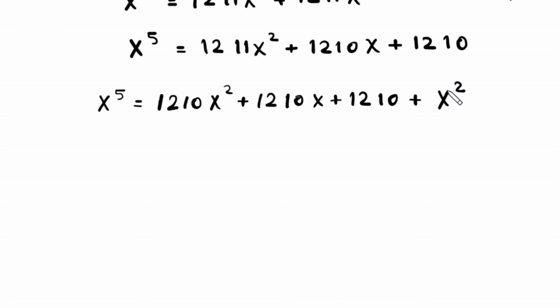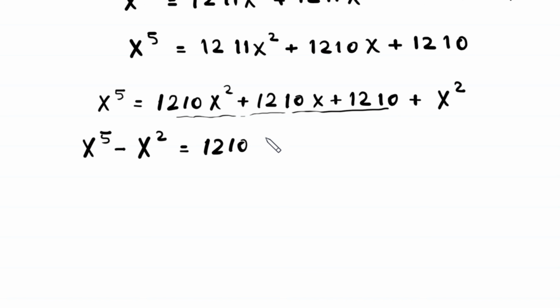Move this x^2 to the left hand side, the equation will become x^5 - x^2 equal to, from these three terms we can factor out 1210. So 1210 as common factor, in bracket x^2 + x + 1.